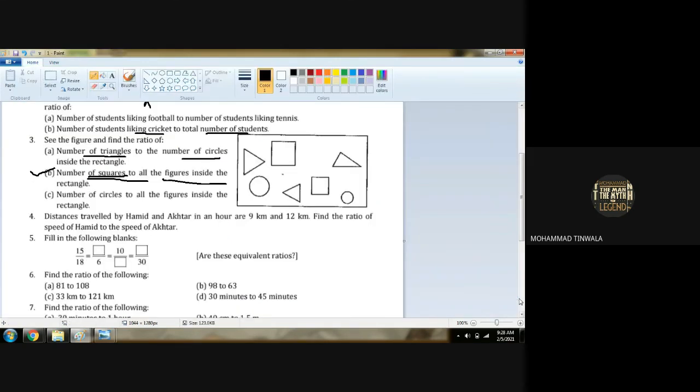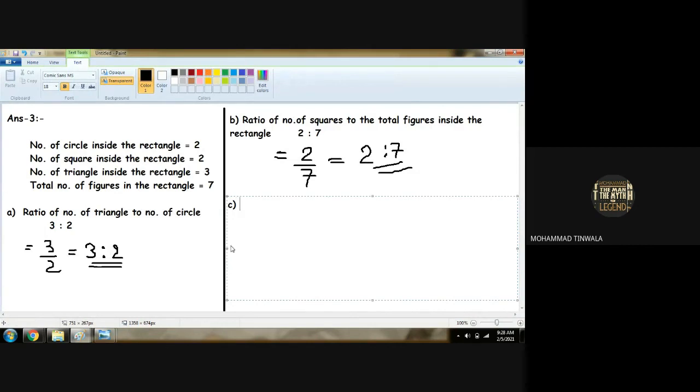Sum number C. Chalo. What is sum number C? Number of circles to all the figures inside the rectangle. Again the same. Ratio of number of circles to the total figures inside the rectangle.